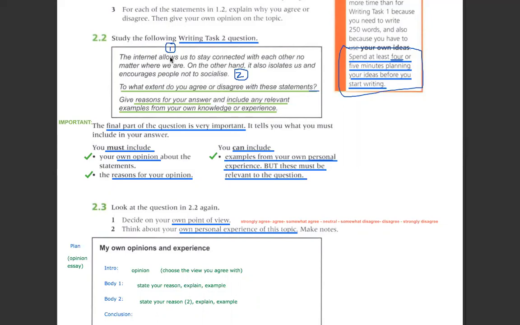Okay, if there's just one statement, you can just give 2 reasons why you agree or 2 reasons why you disagree. All right, your conclusion is just a summary of these 2 ideas. So you can just write a quick note of how you're going to summarize the ideas.